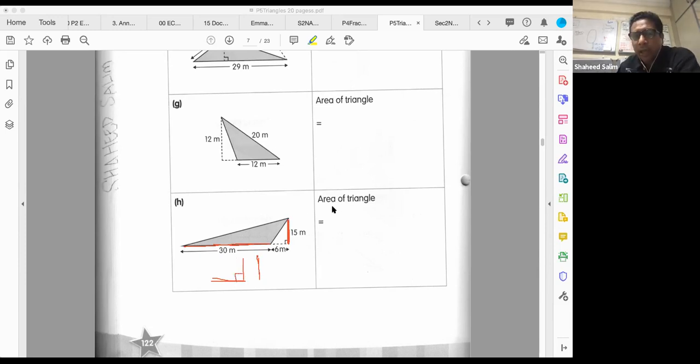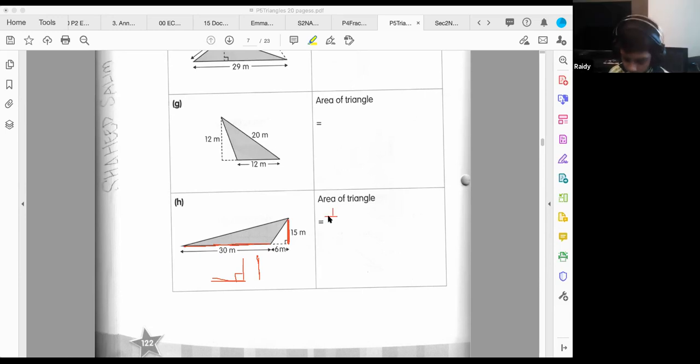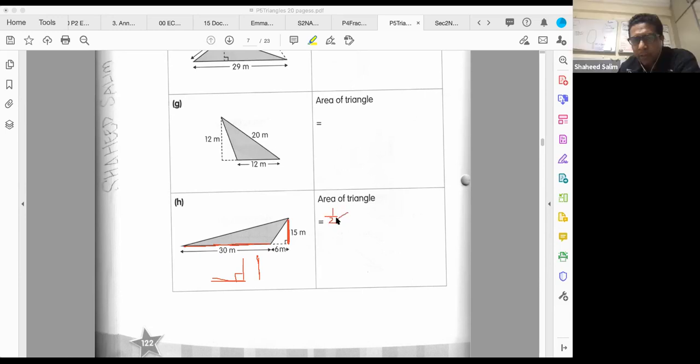So now half times what? Times 30 times 15. You can use your calculator, no problem. If you want to use a calculator, please use your calculator. What's your answer? Okay, so the 1 out of 2 divides the 30.